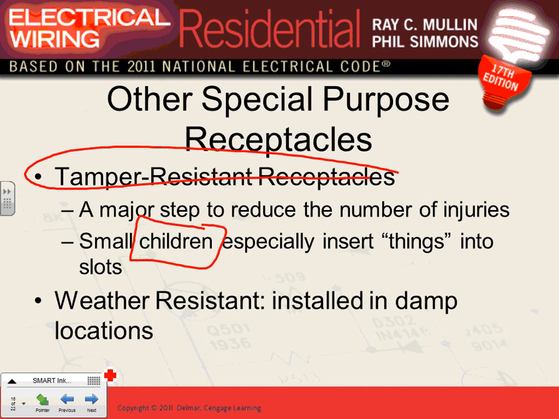I had a guy in one of my classes say that when he was a kid, he's an electrician now, he took his dad's key and stuck it into the hot slot and he got a big arc out of it. So kids are creative. It prevents people from pushing things in the hot slot, guys, and while sitting in a basement, barefoot, in a damp basement, that's a perfect shock for a child.